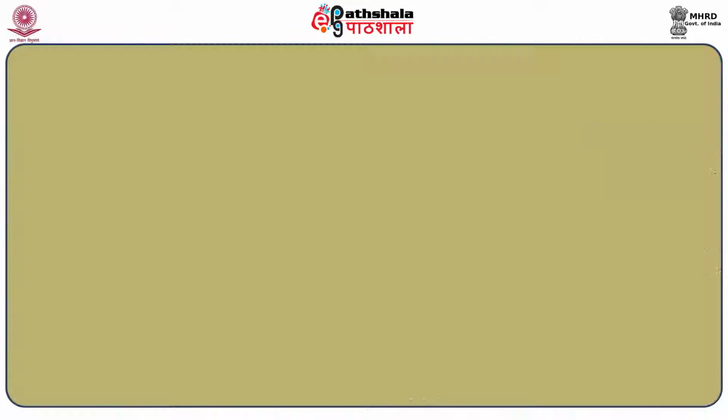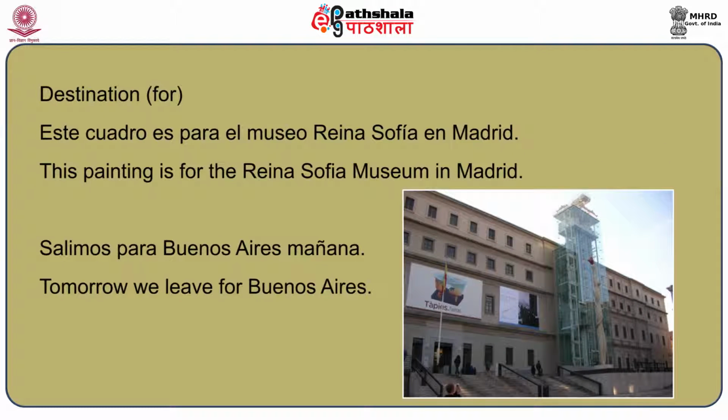For the purpose of destination, para can be used. The destination for any object or person is indicated with para. Este cuadro es para el Museo Reina Sofía en Madrid. I repeat, este cuadro es para el Museo Reina Sofía en Madrid.